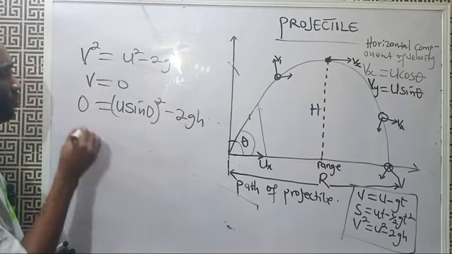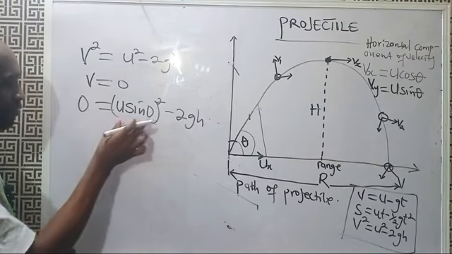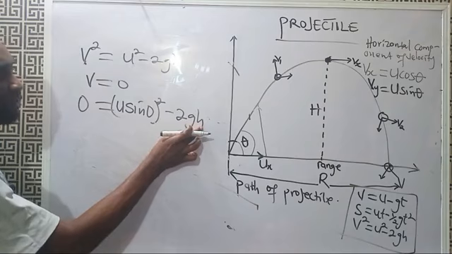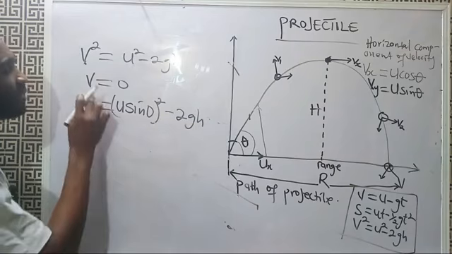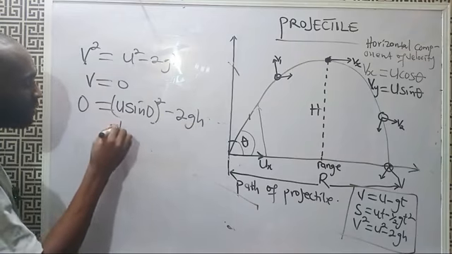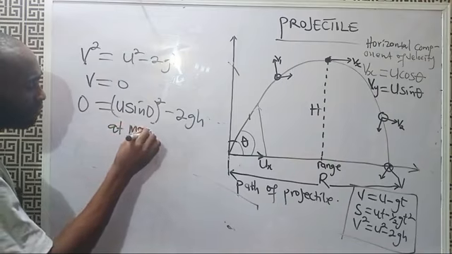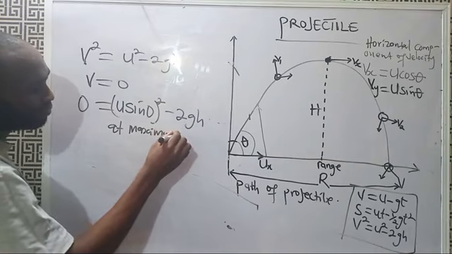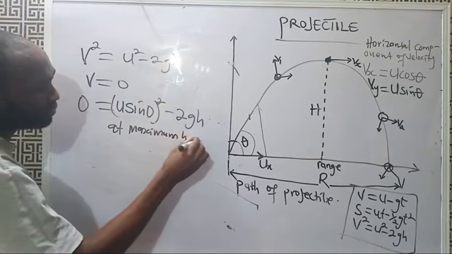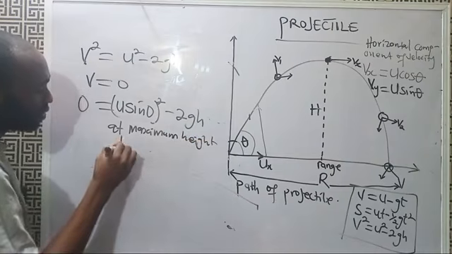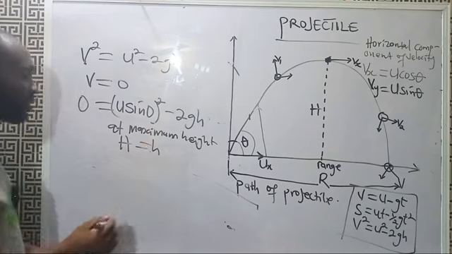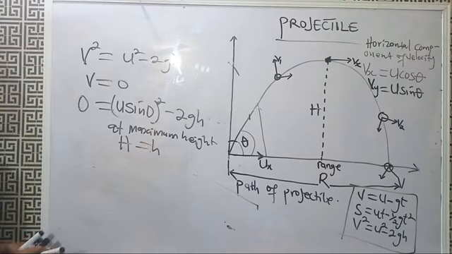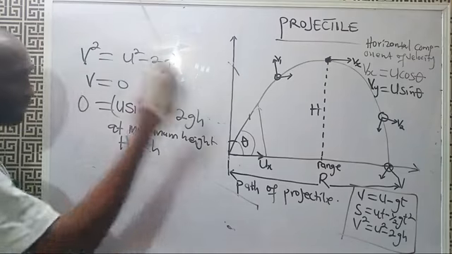We now have that. With this, we want to make h the subject. Remember that at the maximum height, small h is equal to the maximum height.